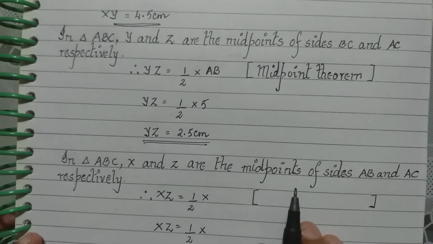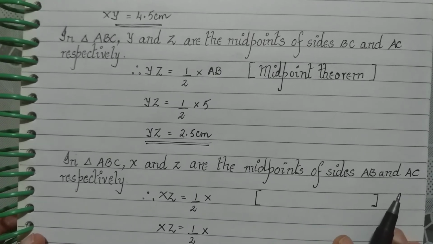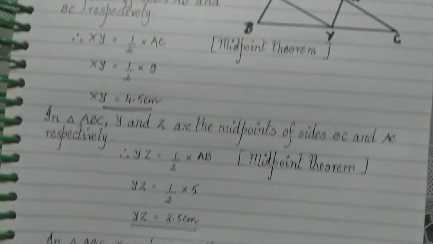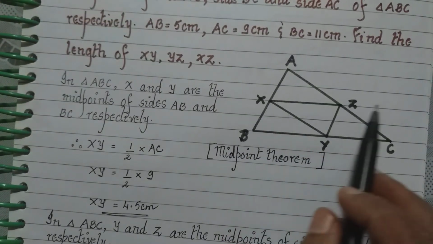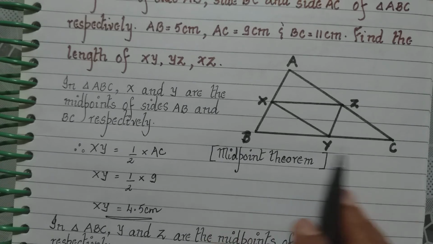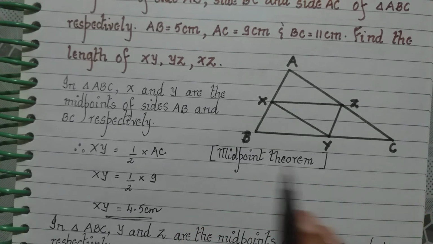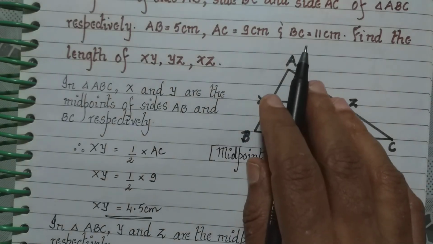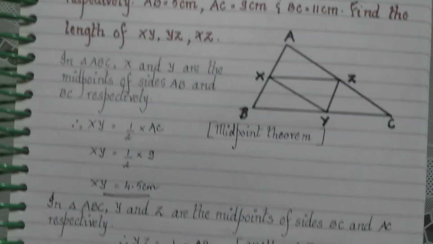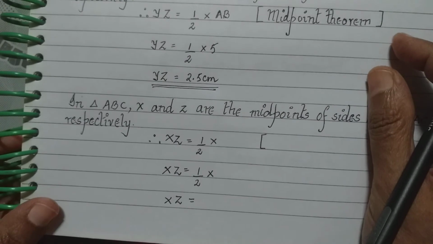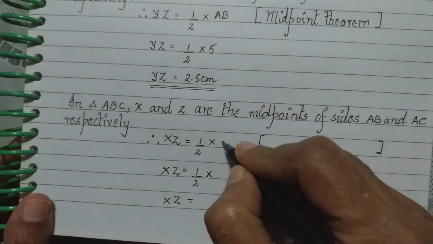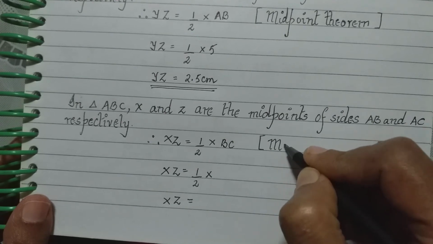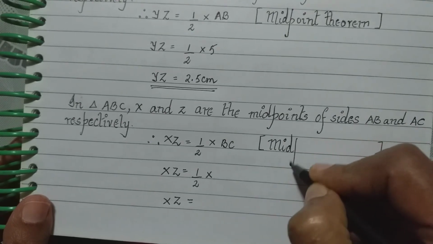Therefore, XZ, see this side XZ, will be half of side BC, because now BC is the third side. And what is the length of BC? 11 centimeters. So we write here XZ is equal to half into BC by the midpoint theorem.